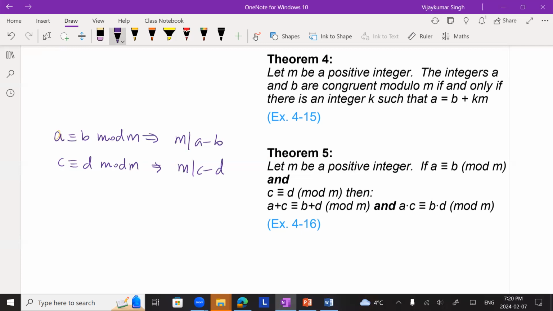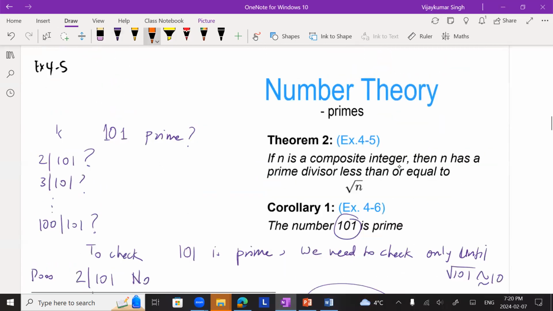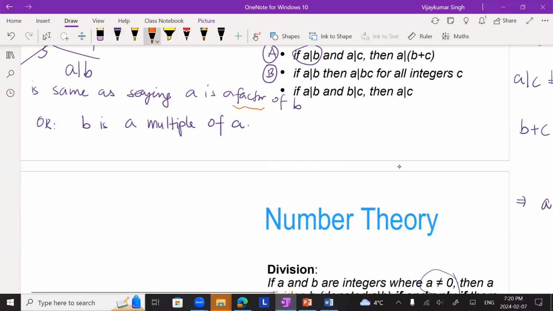You agree? Now you have seen this result already in a previous section. Let me just rewrite it here. You have seen this at the start. You can use this result now as a theorem. What does the result say?